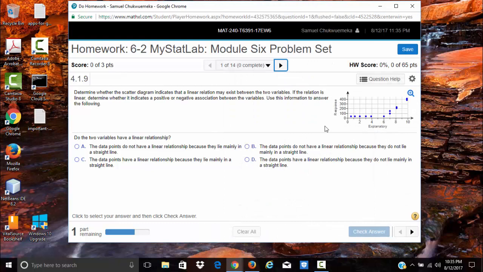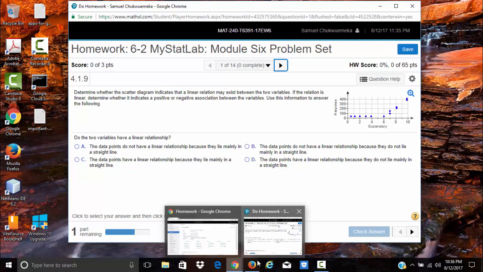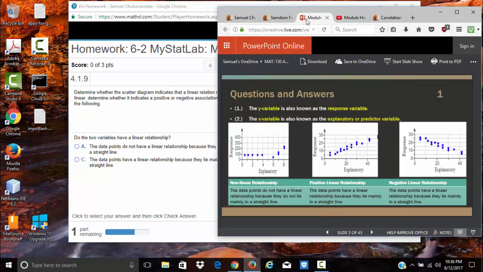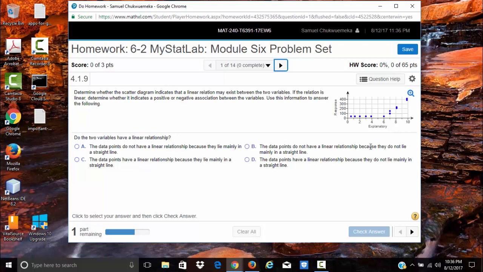So this is non-linear. You look at the options. This is non-linear because the points do not lie mainly in a straight line. If you look at the notes here, that was the reason. So it's non-linear because the data points do not have a linear relationship, because they do not lie mainly in a straight line.